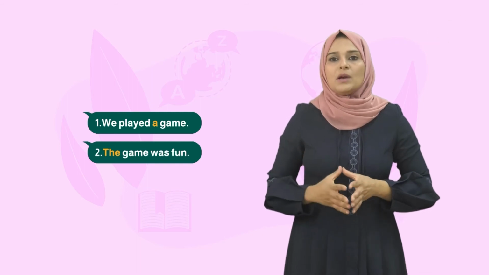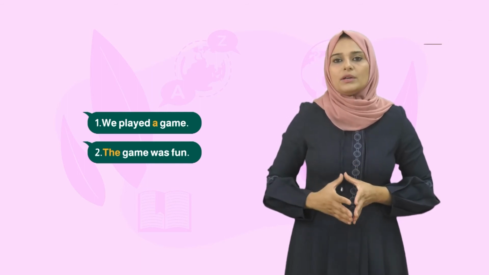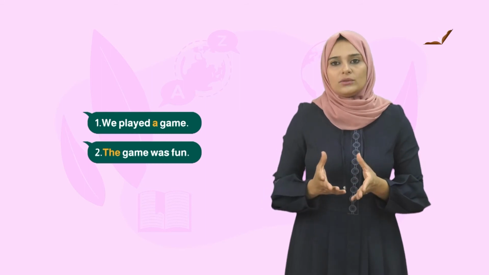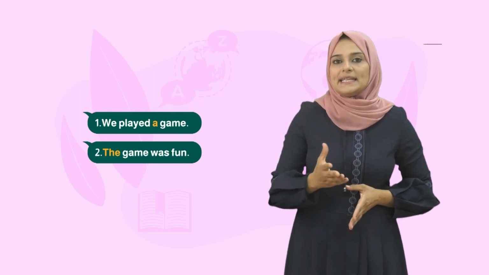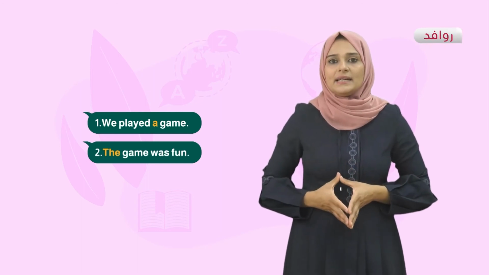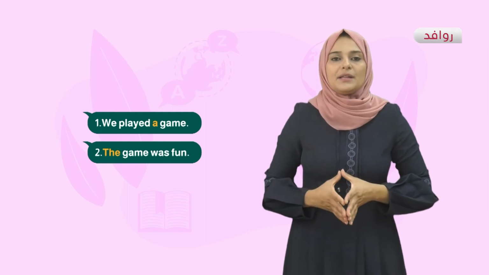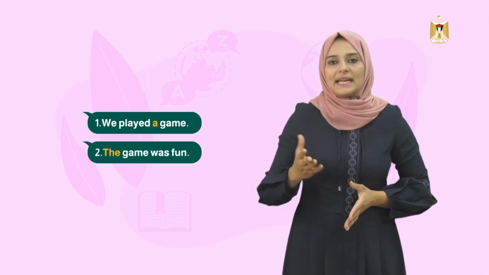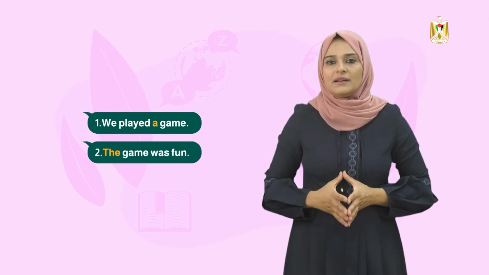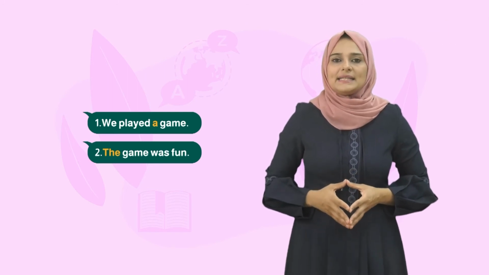In the second time, we said the with the word game. نحن لعبنا لعبة. اللعبة كانت ممتعة. في المرة الأولى التي ذكرت فيها كلمة game أي لعبة استخدمنا أداة التنكير a لأنها كانت نكرة. بينما عندما ذكرت في المرة الثانية أصبحت معروفة. ليش؟ لأنها ذكرت سابقاً أي أنها اللعبة التي لعبناها، فاستخدمنا معها أداة التعريف the.